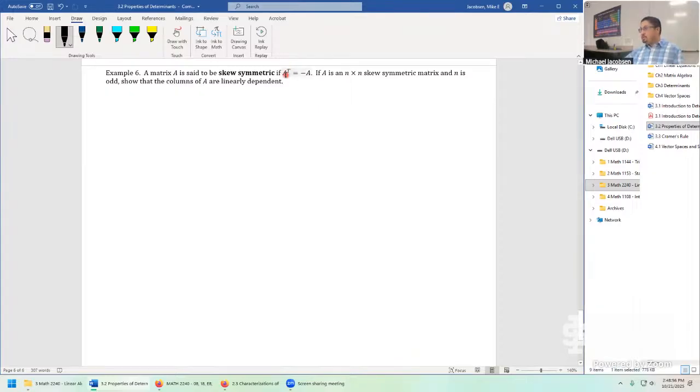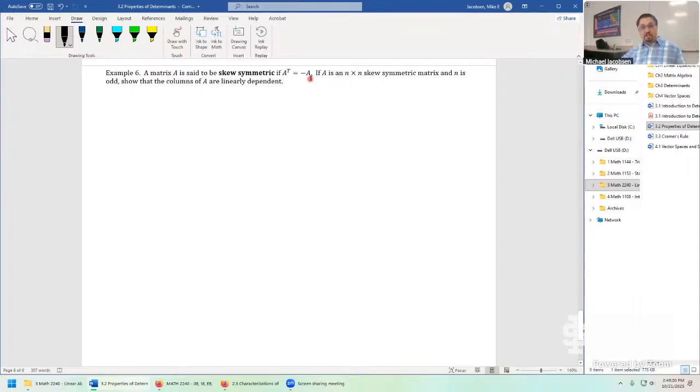That's because when you transpose a matrix, the main diagonal doesn't change. This is supposed to be square, so your main diagonal didn't change. And if it's equal to negative A, the only way an element is equal to the opposite of itself is if that element was 0. So skew symmetric matrices have a main diagonal that's 0, and lots of other bizarre properties.